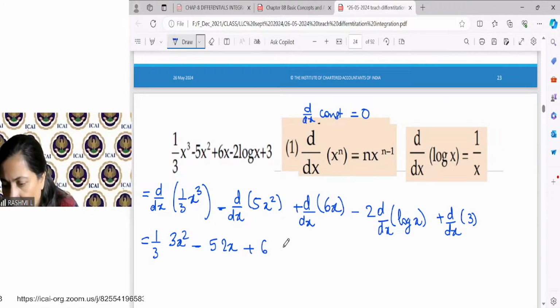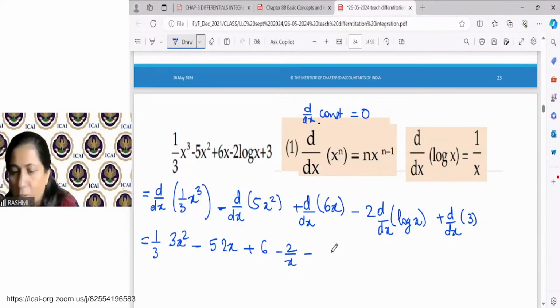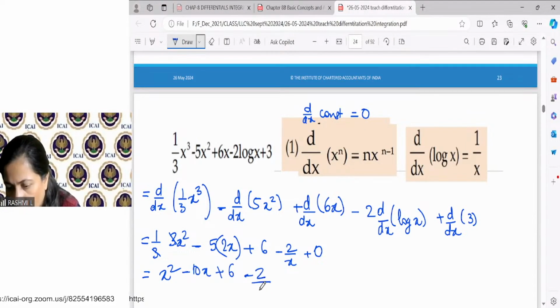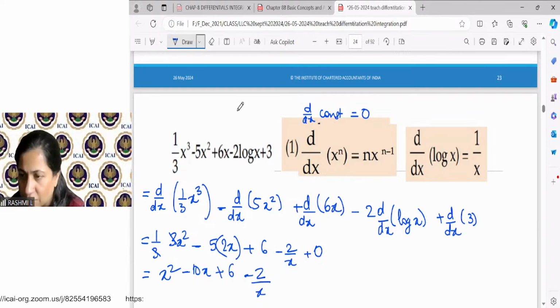Derivative of log x will be equal to 1 upon x, so minus 2 upon x. And derivative of a constant will be equal to 0. Okay, so this 3 and this 3 will get cancelled. So what do I have? x square minus 10x plus 6 minus 2 upon x. Okay, so this will be the answer.